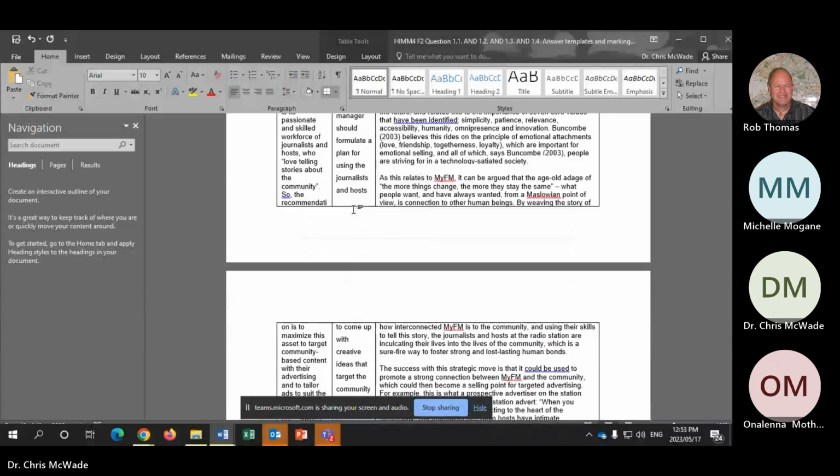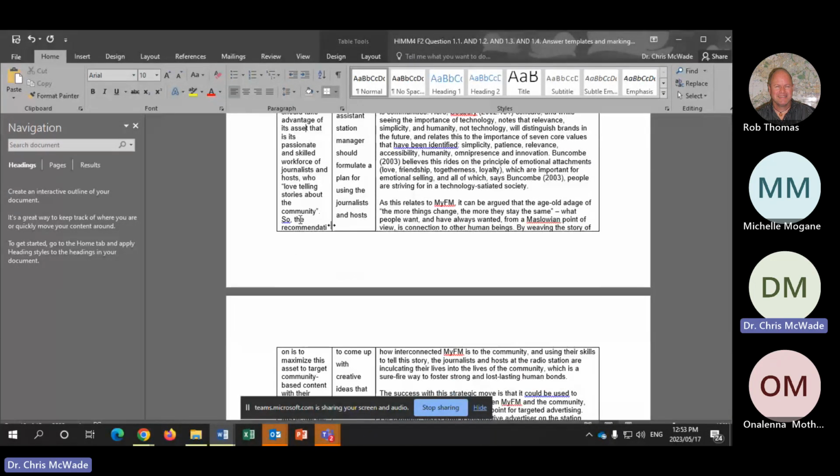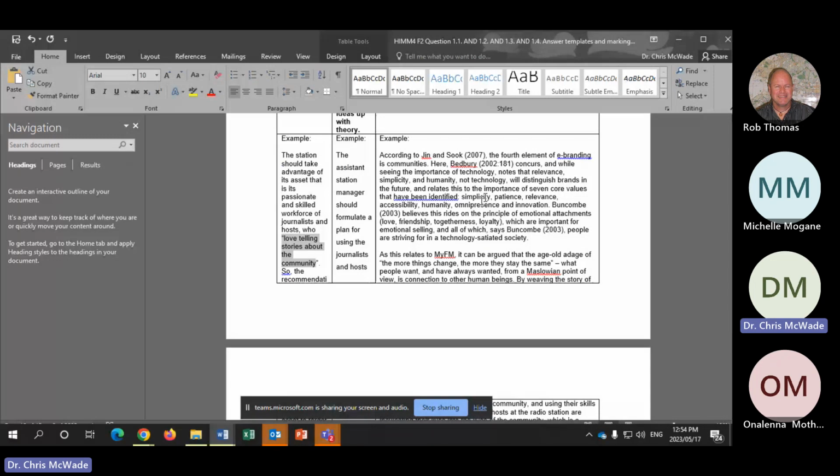And yeah, the point being, and that's made in column 1, is this, that the hosts already love telling stories about the community. And this is all a good answer because it bounces off that. And that's what we're assessing. Like, can you work within the system, maximize the things that exist, solve for any pushback that you might get?